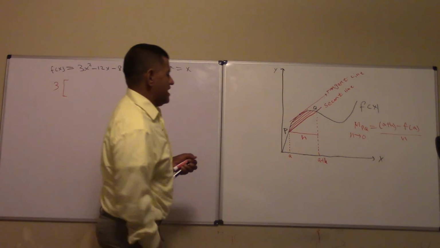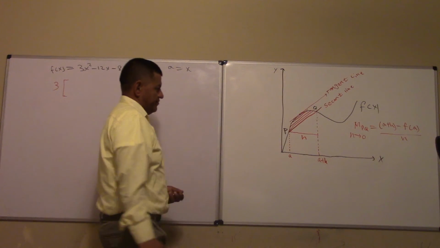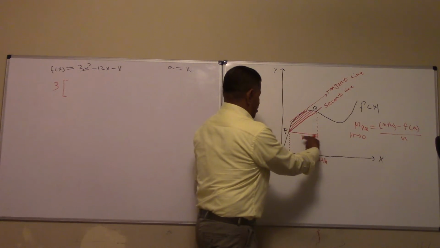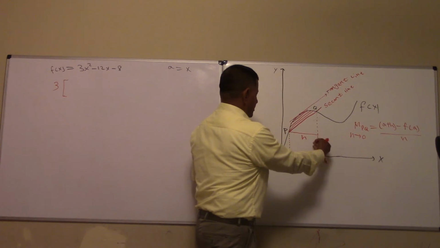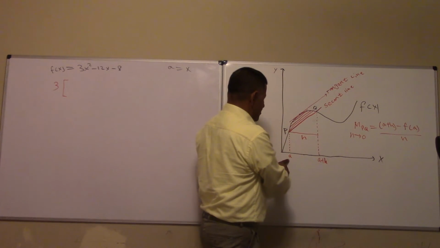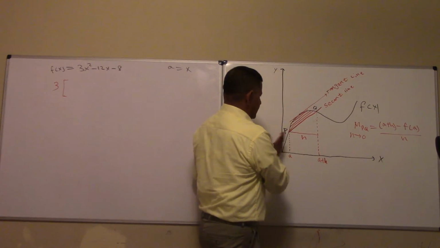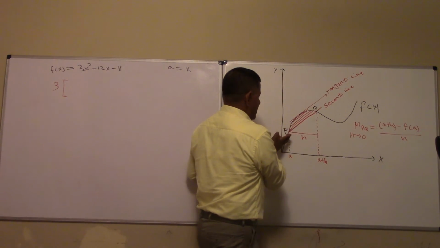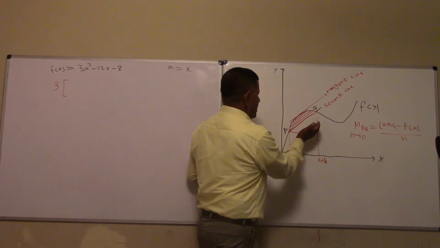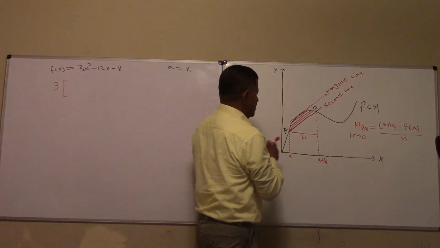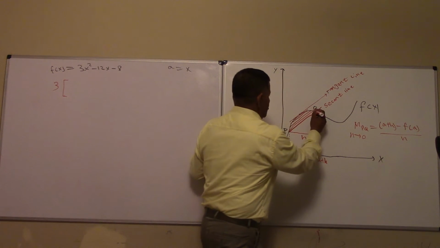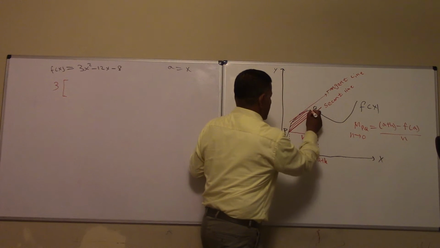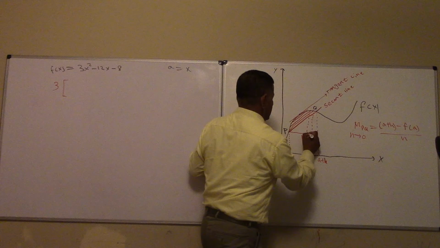So let me just go through this real quick. You can see as h approaches a, the tangent line is getting closer. I can actually do another triangle here, and it's getting closer. Another triangle here, and it's getting closer.